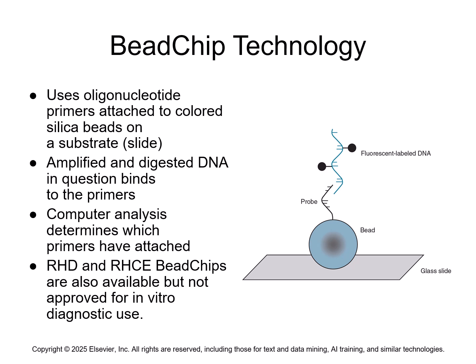This DNA has a fluorescent label, and so the DNA with this fluorescent label binds to the probe, and then they are analyzed by a computer system, and it will determine which of these colored pieces of DNA have corresponded to each of these probes. And so there are probes available for RHD and for RHCE bead chips. These are not approved for in vitro diagnostic use, but in some cases they can be used for RBC antigen typing.